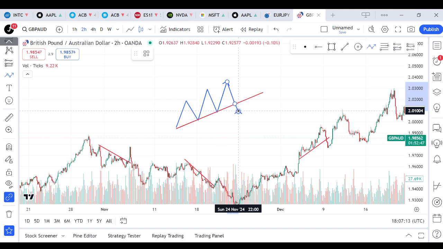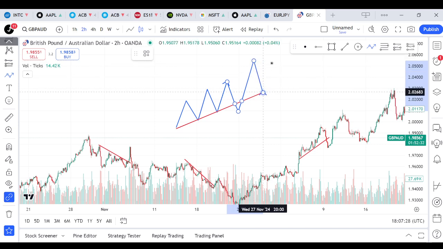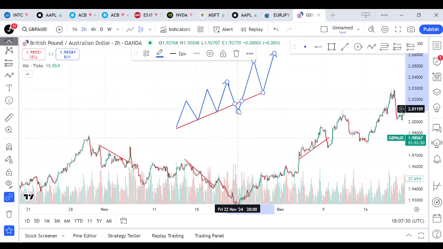So traders will be thinking that, okay, we are about to start a bearish trend, or we're about to change the trend direction. But instead, the market just sweeps them all out and continues the trend to the upside. So this is a fake breakout, and it's important for you to understand this.